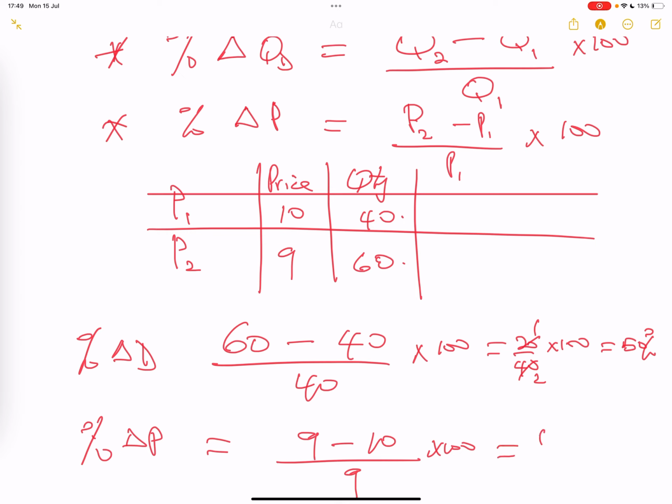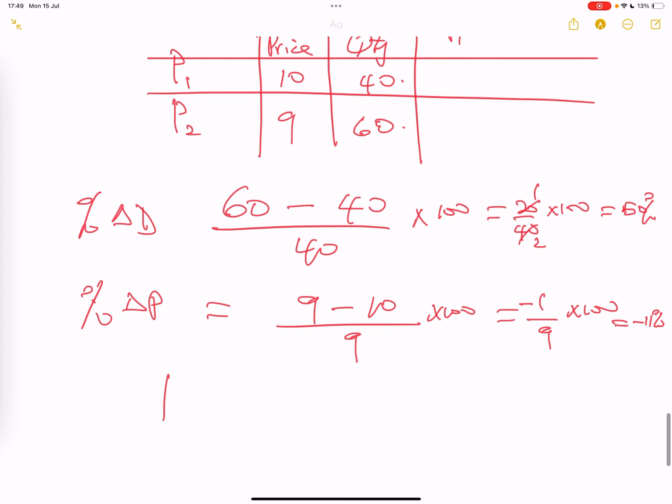And that's equal to minus 1 over 10 times 100. And in percentage, what would that be? Let's see. 1 divided by 10 times 100. That equals minus 10%.